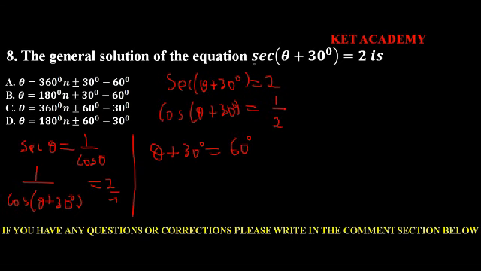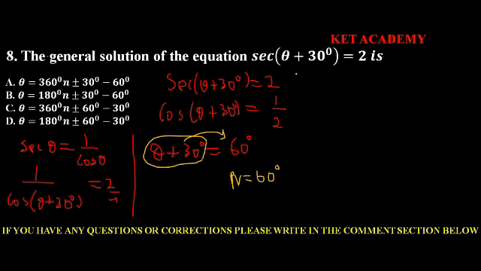So you have to take note here. Our principal value here is 60. Take note, the principal value here is 60, not 30. We're going to consider this as a single value, so we are not going to send 30 degrees this way.